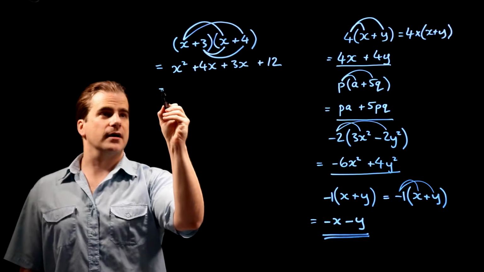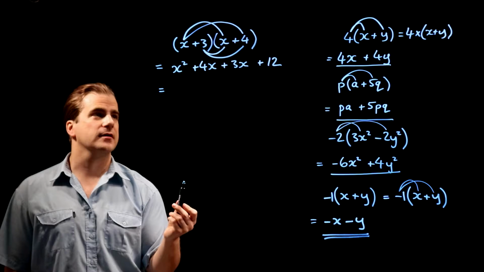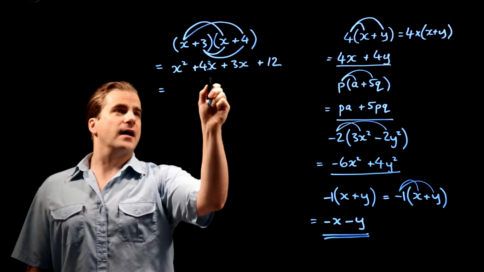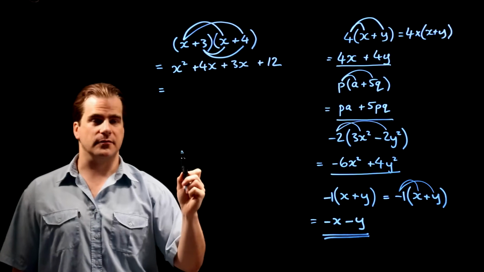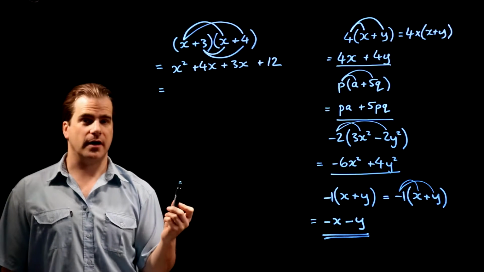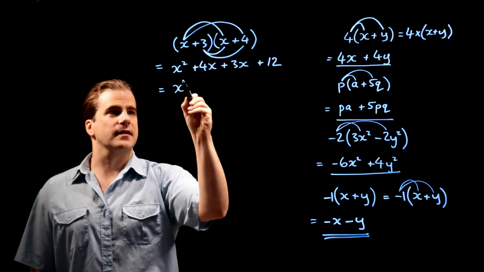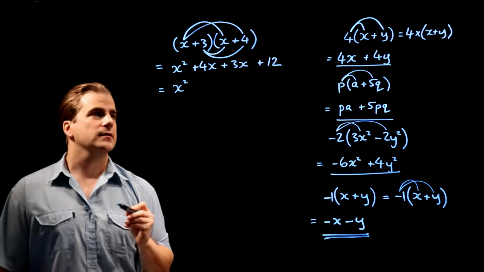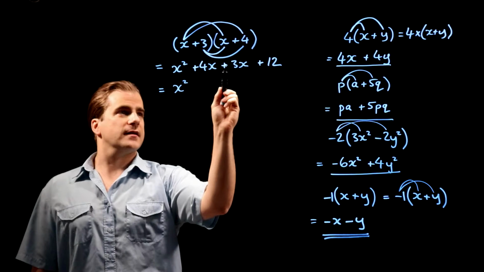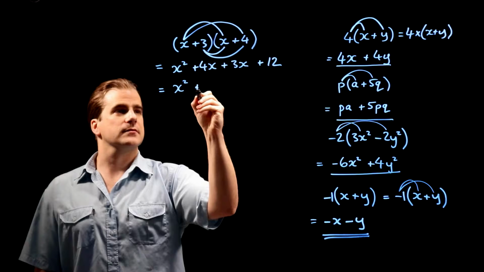Now, we're not finished there because we can combine like terms. See, that and that are like terms because they're both terms in x. So we can combine them into one. That's the only term in x squared, so that stays the same. Now, plus 4x plus 3x is plus 7x.